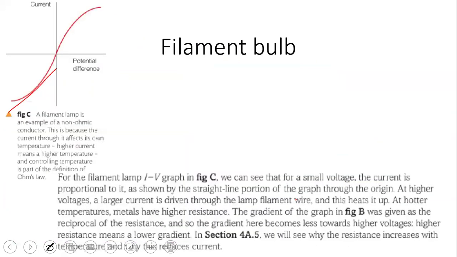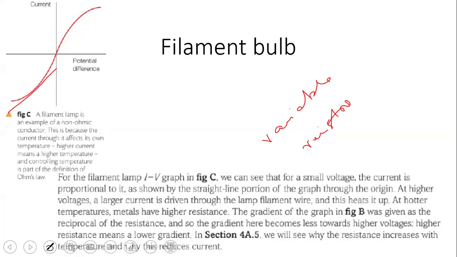Now, there are certain resistors that tend to have different values of resistance. We call them variable resistors. There are 4 variable resistors that you need to know about: filament bulb, diode, LDR, and thermistor.